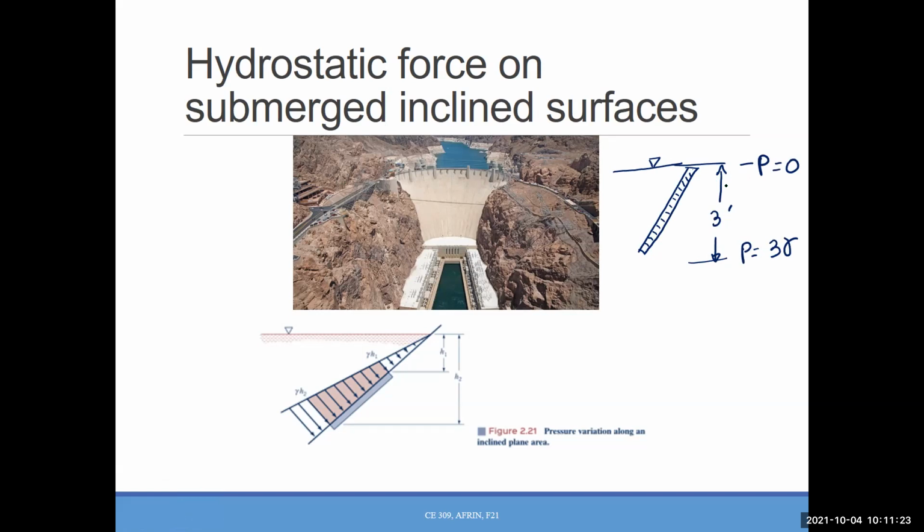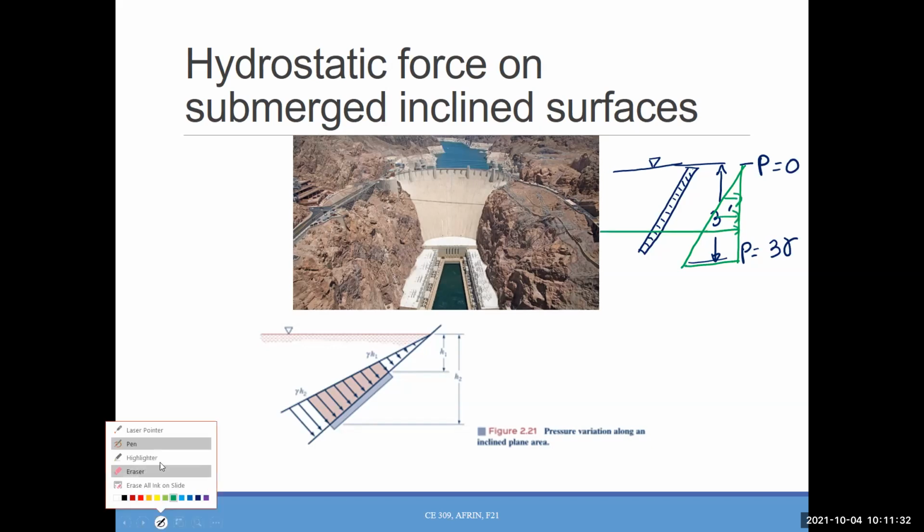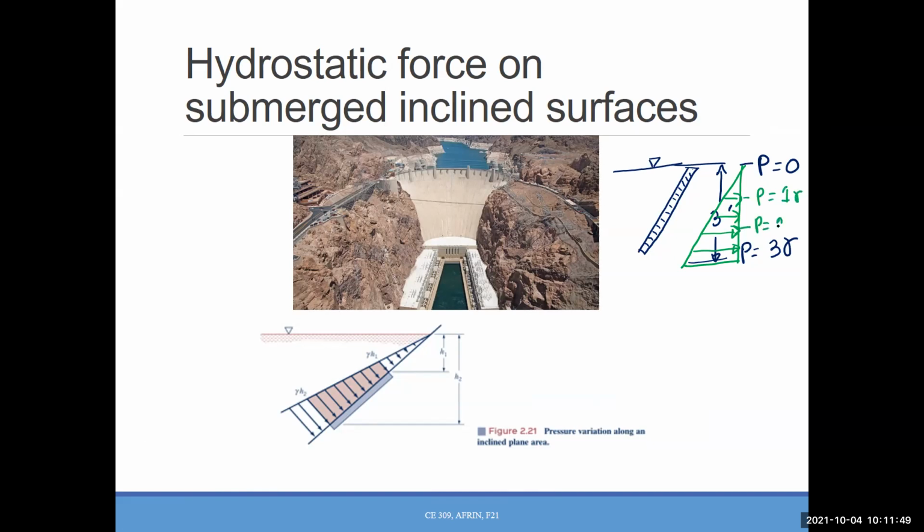If you draw that, this one, right? Now, at this point, pressure is 1 gamma. At this point, pressure is 2 gamma. And at the very end, pressure is 3 gamma.